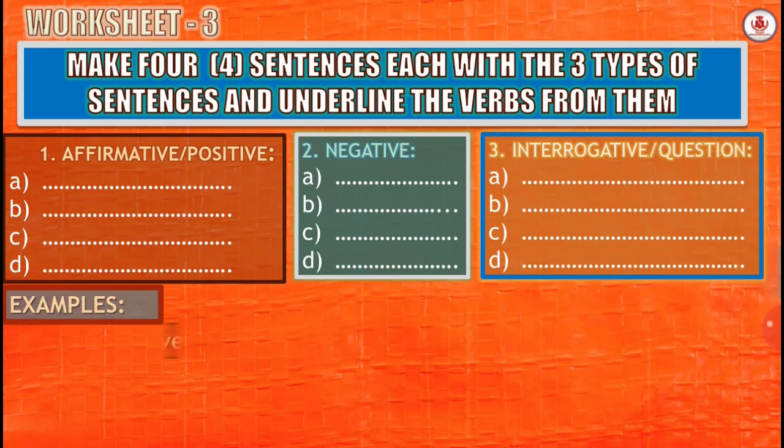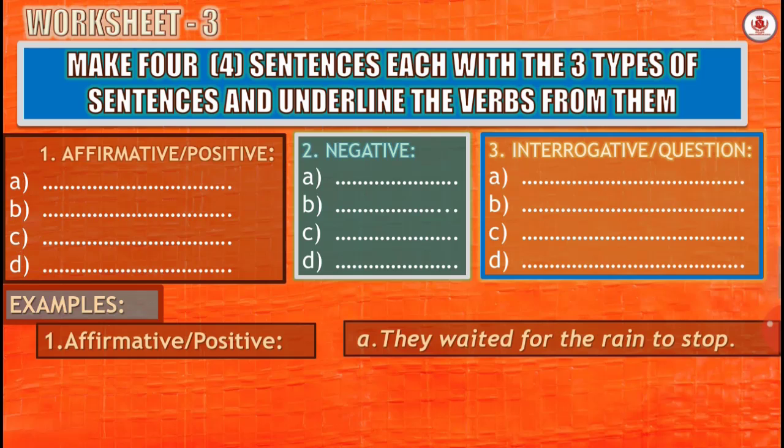You have to underline them here. Let's say for affirmative A, they waited for the rain to stop. You can make sentences like that. For A, B, C and D, you can write whatever you like. Don't use this one; you form another sentence.